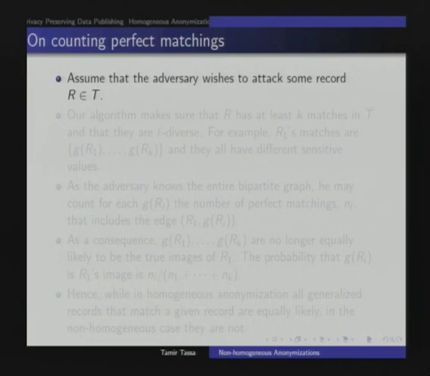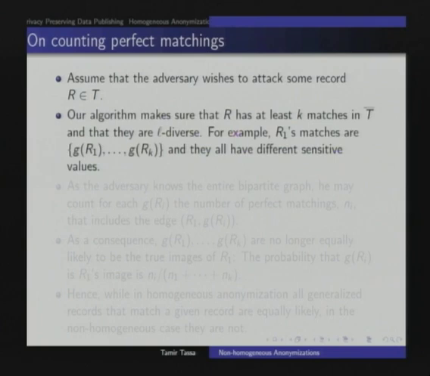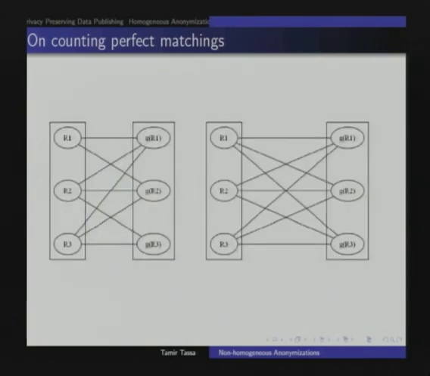There is a problem with the method which I described here. Let's go to the picture. In homogeneous anonymization, there is no way that the adversary can distinguish between this generalized record or this one, because the graph looks completely symmetric with respect to all of those edges.